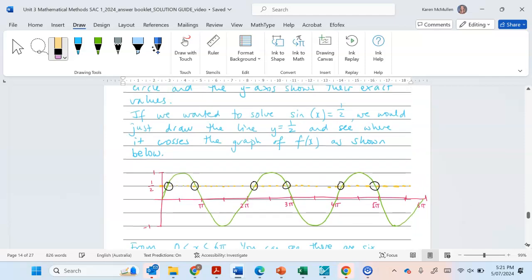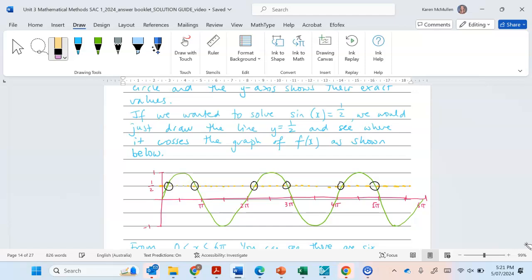You can see here we've got sine x equals a half. Basically that's just looking at where the graph intersects the line y equals a half, so you can see all those solutions there. When you talked about this one, seeing a graph was extremely important, because that's what it was talking about, using a graph to show the solutions.